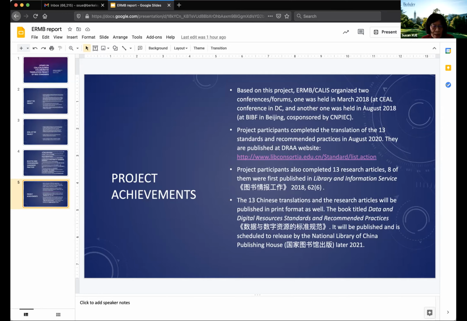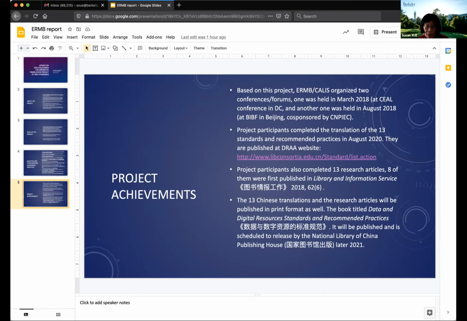The project team members also completed 13 research articles. 8 of them were first published in the Library Information Service in 2018.